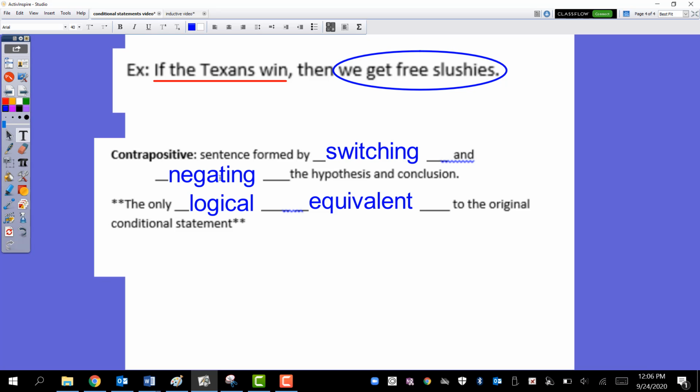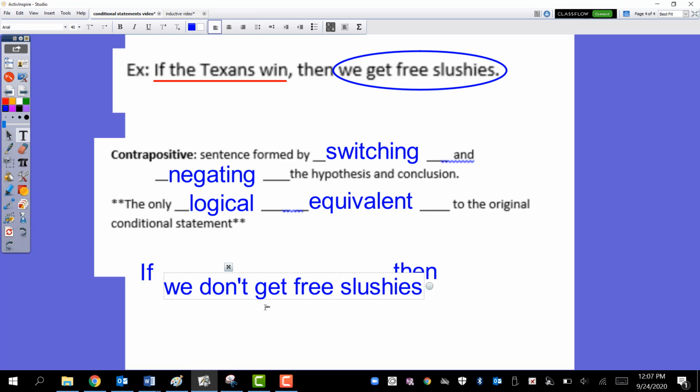Again, just because I'm switching and negating the order of the hypothesis and conclusion does not mean that if and then moves. So if still goes first, then still goes way over here in the middle. And now I'm switching and negating. So now my conclusion is coming first, but I'm saying not. So the opposite of we get free slushies, we already said was we don't get free slushies.